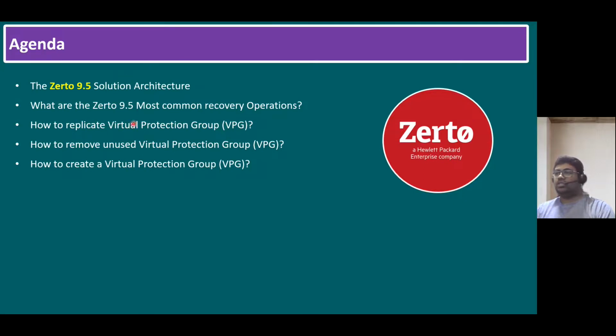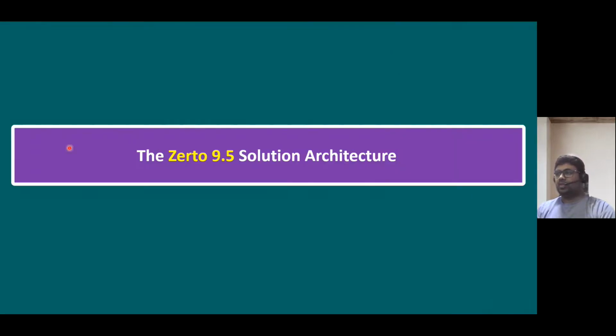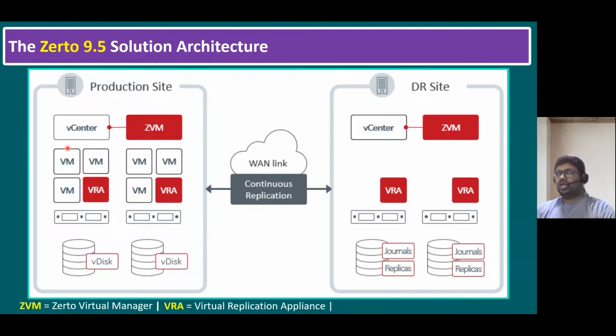Then, what are the Zerto 9.5 most common recovery operations, how to replicate a virtual protection group, how to remove unused virtual protection groups, and how to create a virtual protection group. Okay, so now let's start with the architecture first. Zerto 9.5 solution architecture.